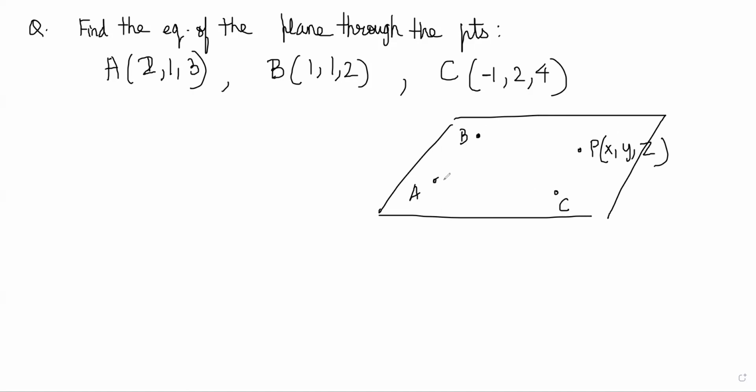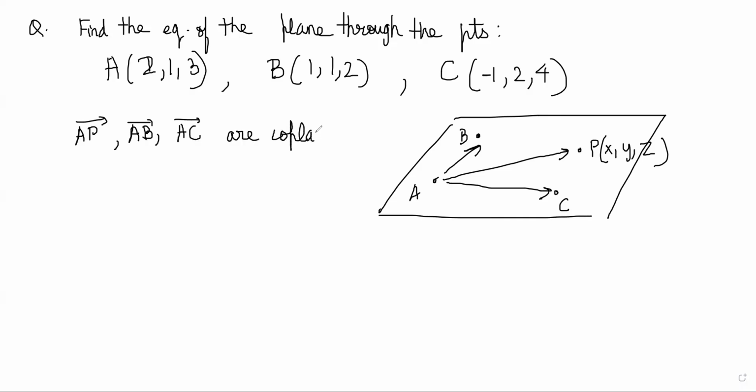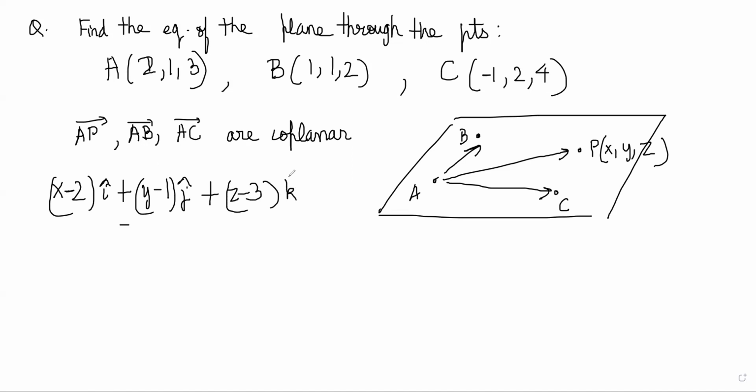So obviously I can say AP vector, AB vector, and AC vector are coplanar. So what I will get is AP is going to be (x − 2) i cap plus (y − 1) j cap plus (z − 3) k cap.